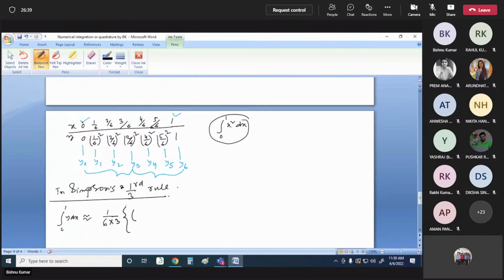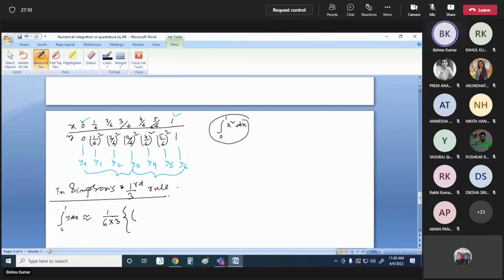The first value of y is 0, and the last value is 1. Plus 4 into the intermediate odd y values. The odd y values are this value, this value, this value: 1 by 6 square, 3 by 6 square, and 5 by 6 square.